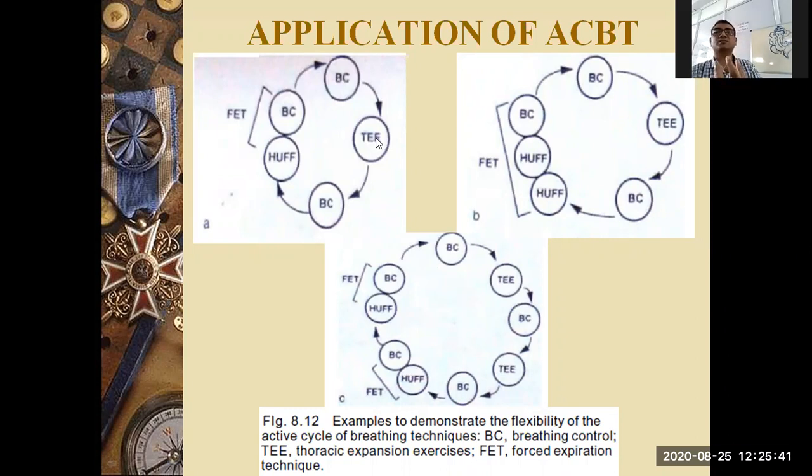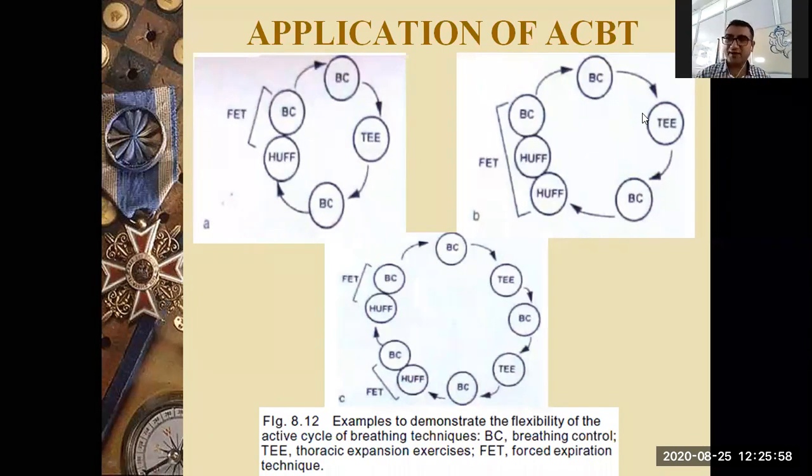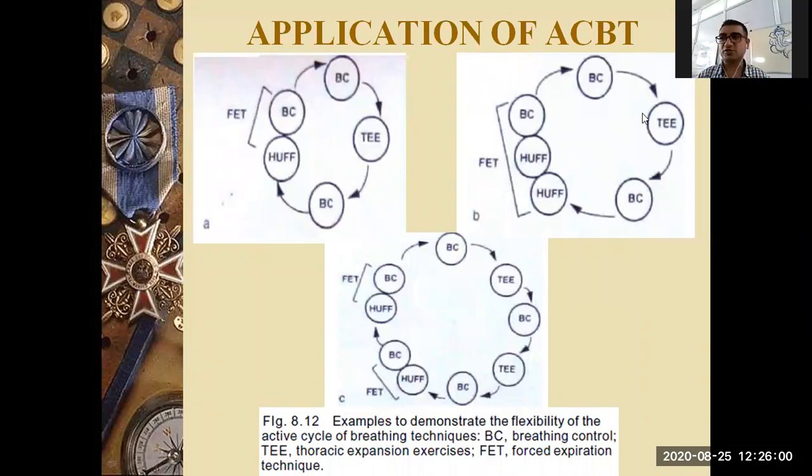Again, some minutes of thoracic expansion exercise, then breathing control. Then we can go for coughing and huffing, which combined is called the forced expiratory technique. This is one example. You can combine the two, huff and breathing control.